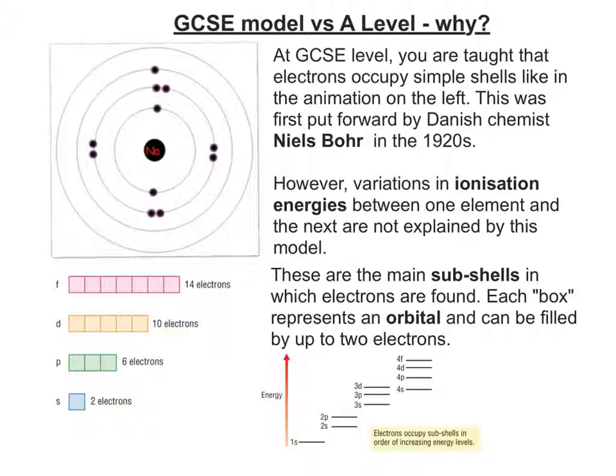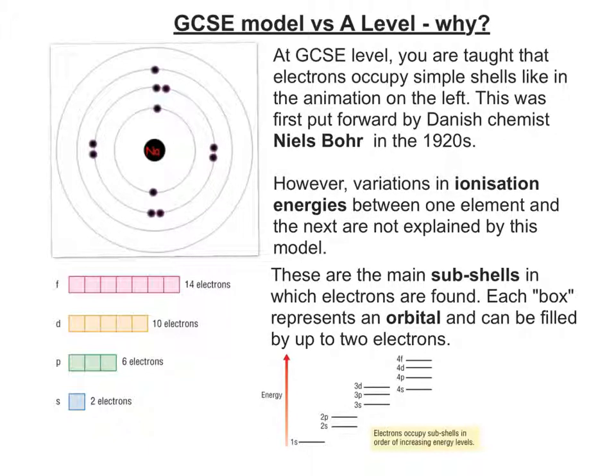So what actually happens is electrons sit in something called orbitals, and each orbital is a region around the nucleus where up to 2 electrons can be found. So if we were to look at the picture of the Bohr model, those 2 electrons would sit in an orbital.